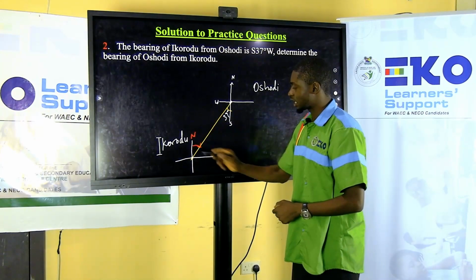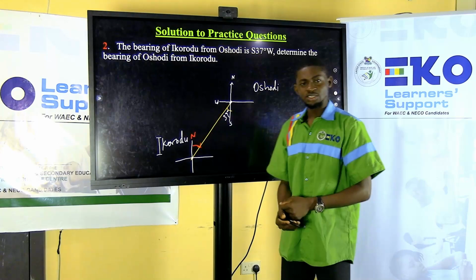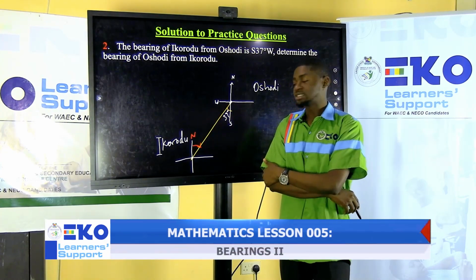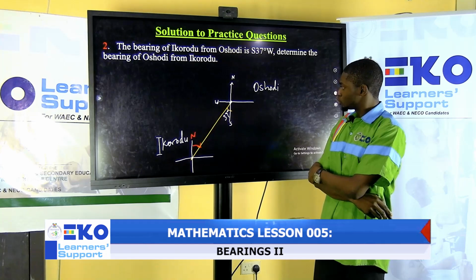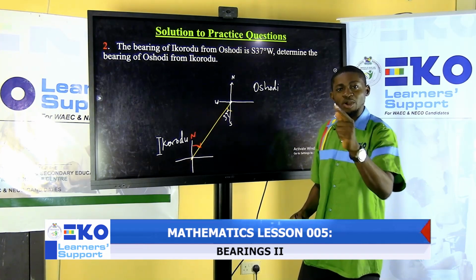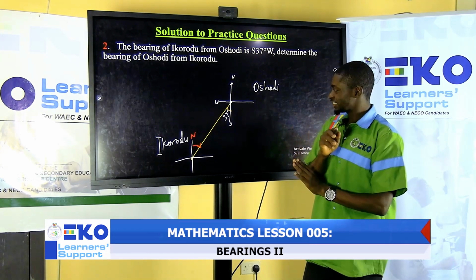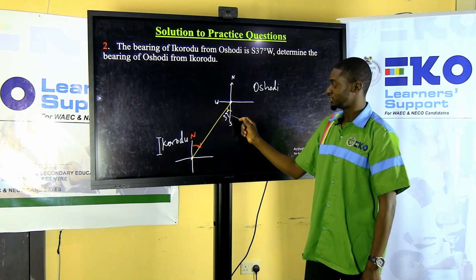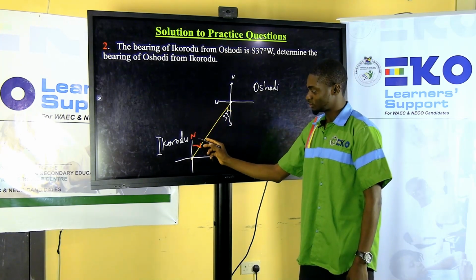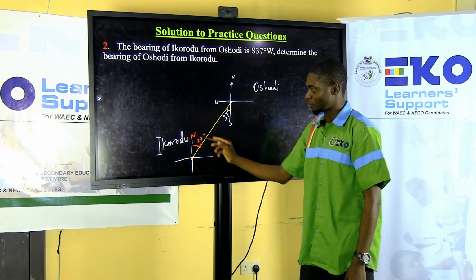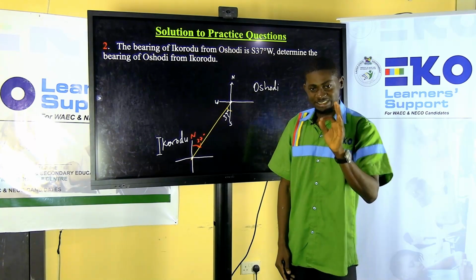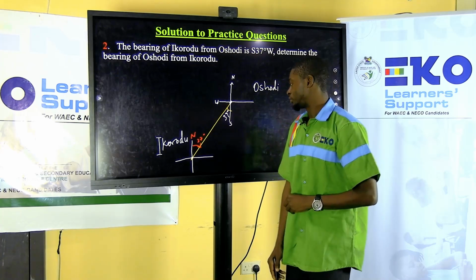You determine this angle. Obviously, this angle is less than 90 degrees, right? So to do that, it means using our knowledge of alternate angles. Remember, this is 37 degrees, so automatically this is going to be 37 degrees. However, we can only write it in cardinal bearing or 3-figure bearing.